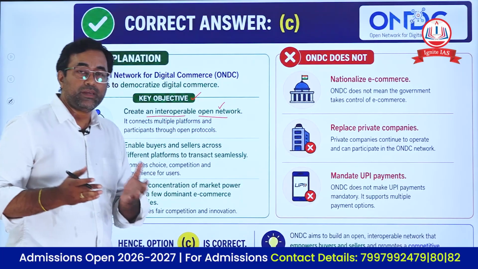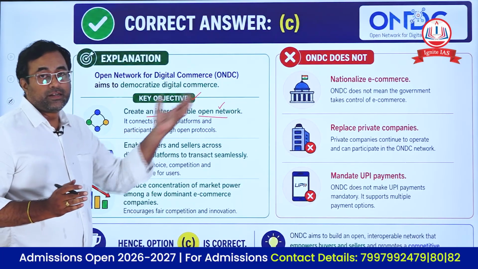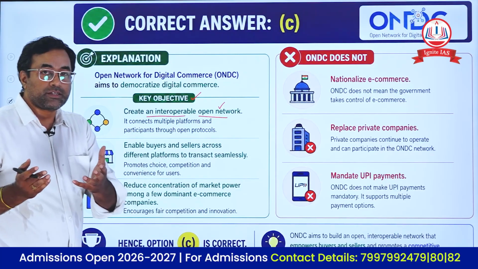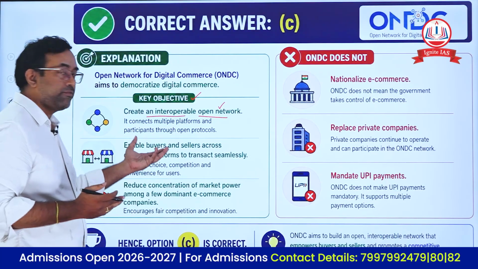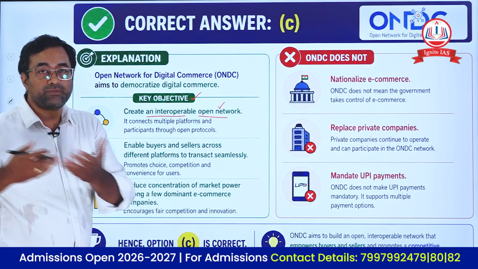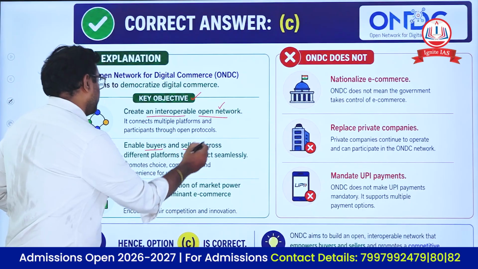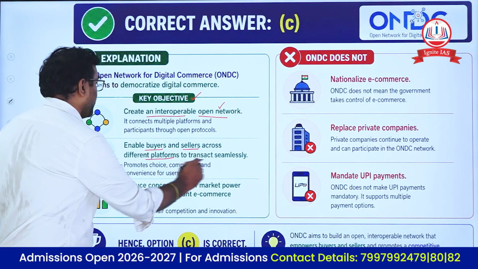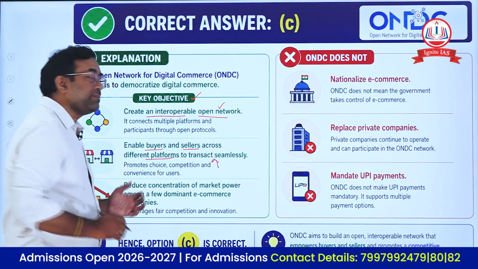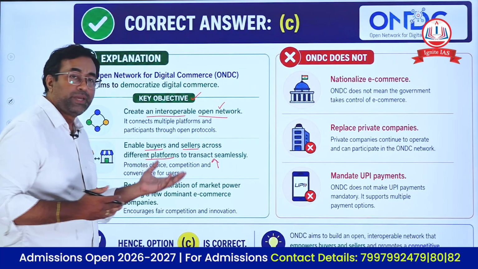That is one of the unique things created by the government, called digital infrastructure, because it is a web platform helpful for suppliers as well as buyers. It enables buyers and sellers across different platforms to transact seamlessly. It will connect the buyers and sellers and there won't be any problems.